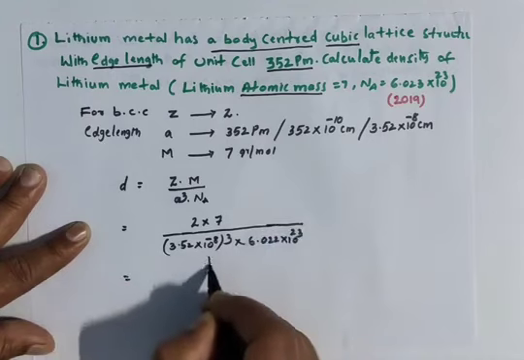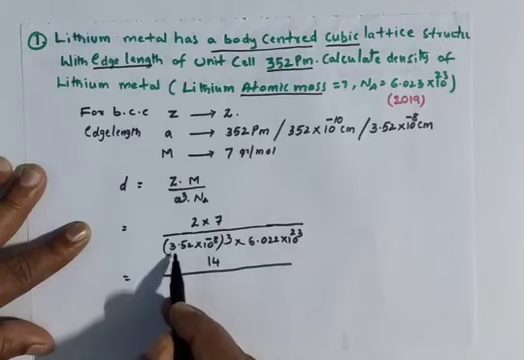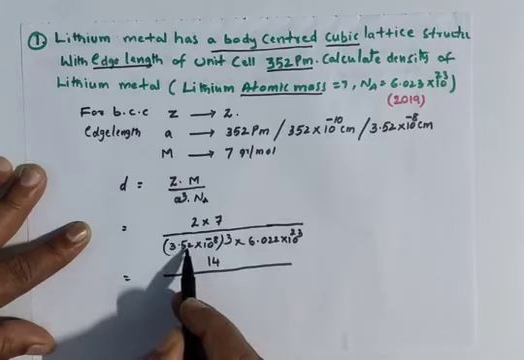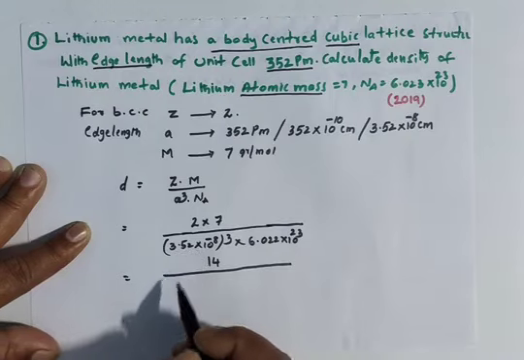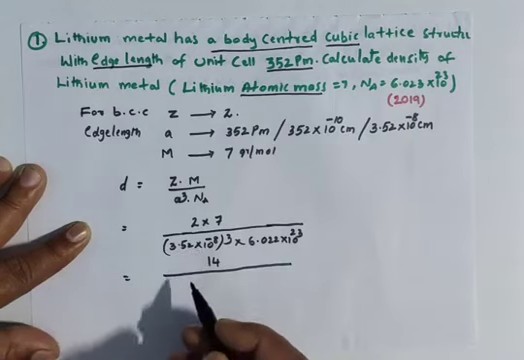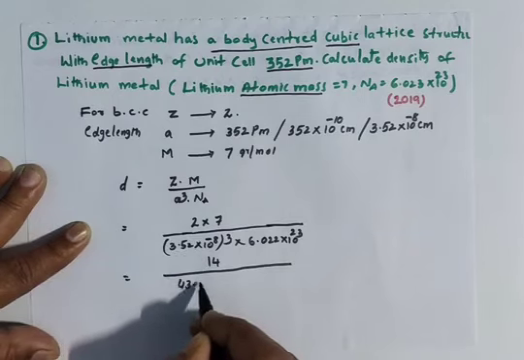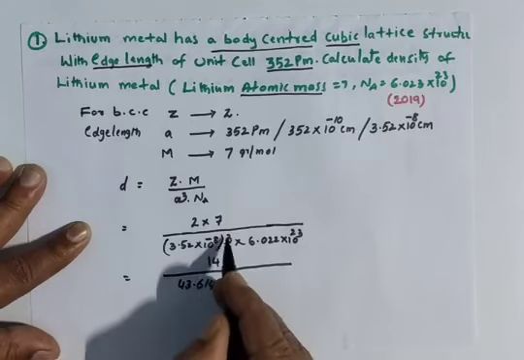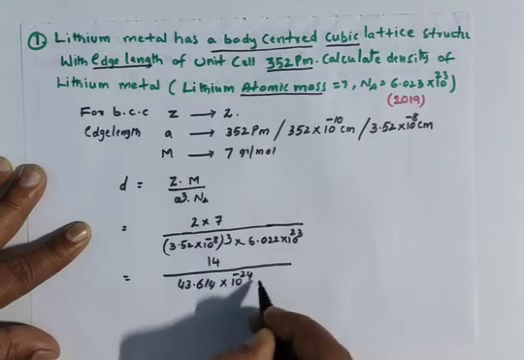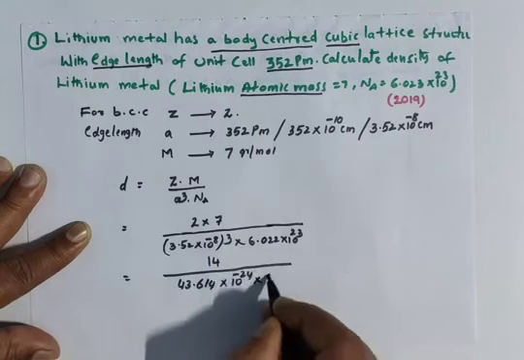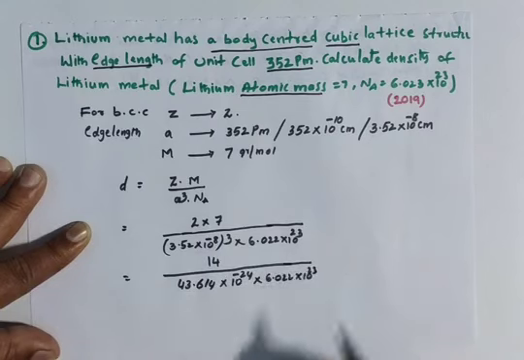If you simplify, 14 upon 43.614 into 10 raised to minus 24 into 6.022 into 10 raised to 23.